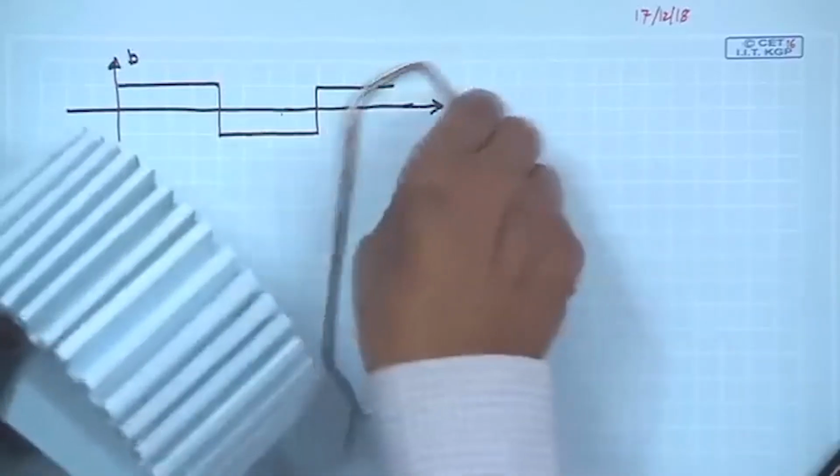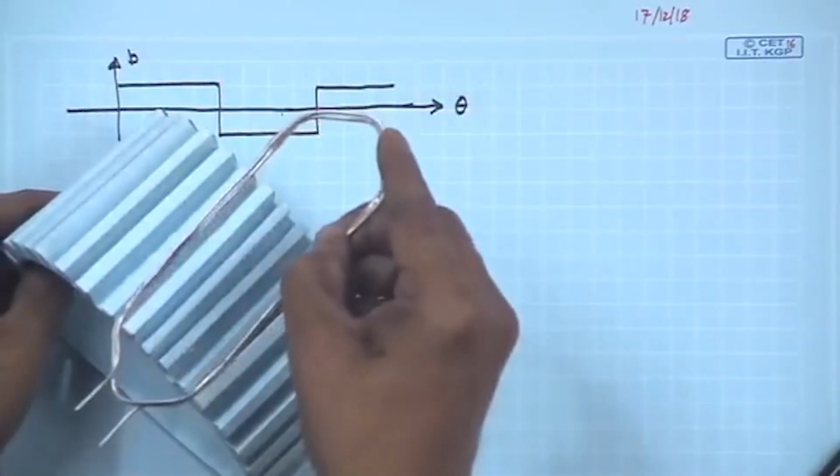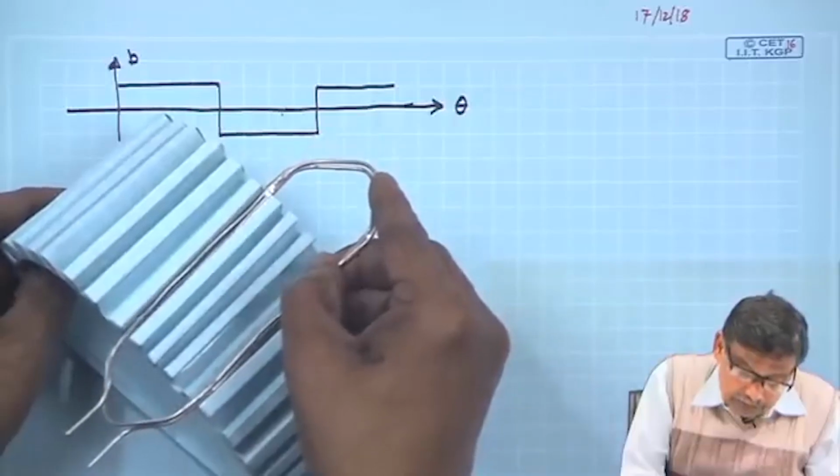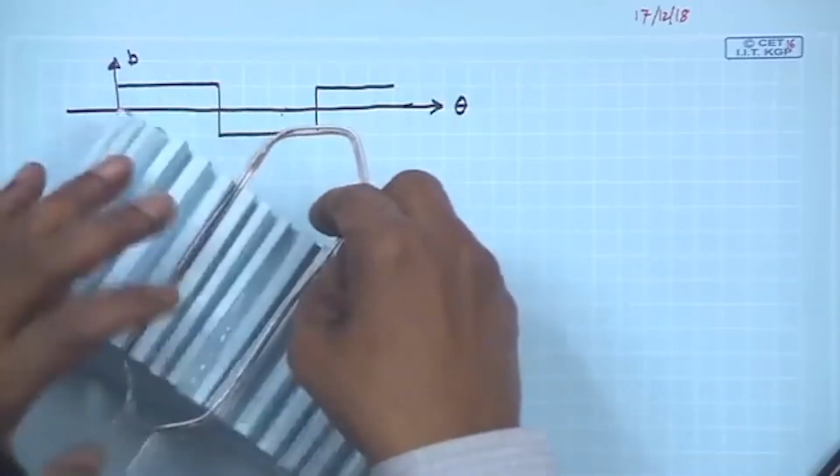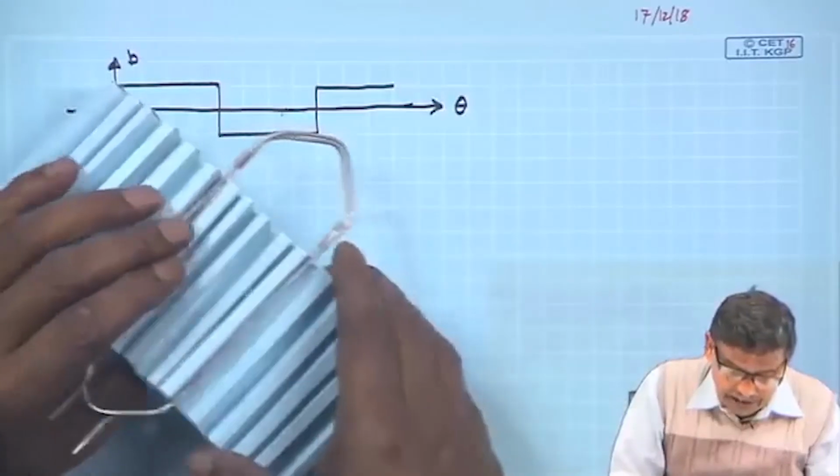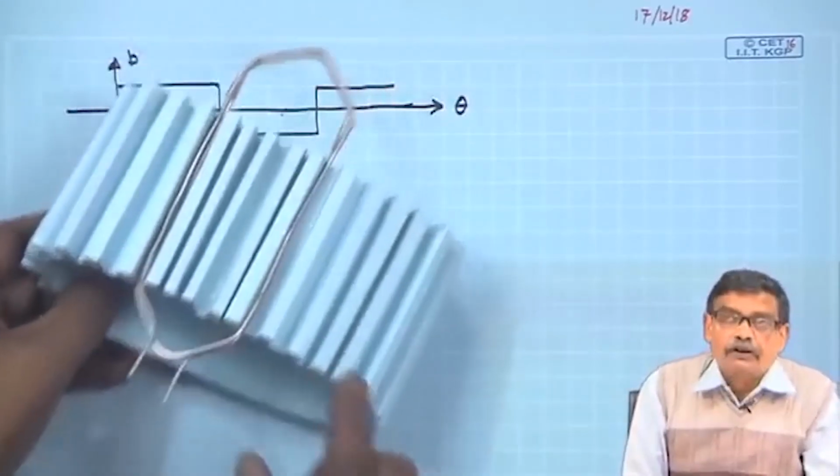So, how to place the coils? Coils will be placed in this way. This is one coil side, it will be placed here, and another coil side will be placed in a particular slot.